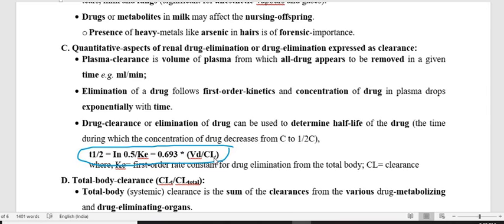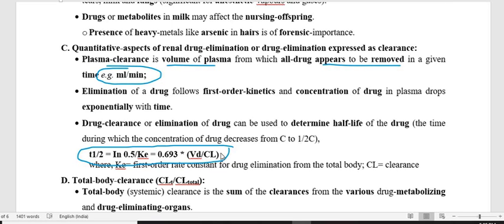What is CL? CL is total body clearance. So total body clearance is the clearance of the drug from the plasma, removed out through the urine with time, and it is called the total body clearance of the drug.